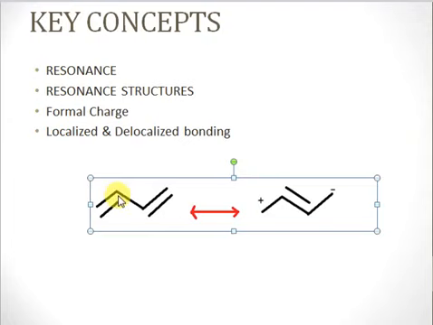Since both of these structures are not real, we make use of an arrow like that. This arrow is known as the resonance arrow, and whenever you see it, it means the two structures at both ends of the arrow are contributing structures, or resonance structures, and they are not real.